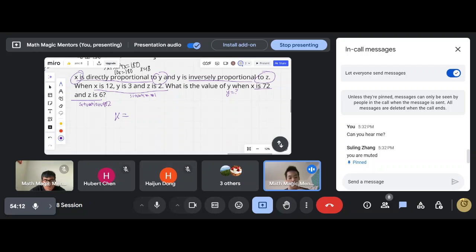This is the key step of the problem because once you have that constant expression, you can just plug in for x, y, and z, and you can find y in situation two because you're already given x and z in situation two. So any ideas?